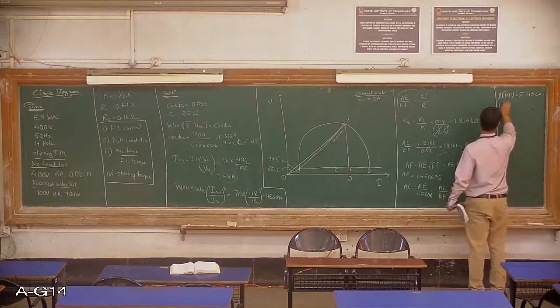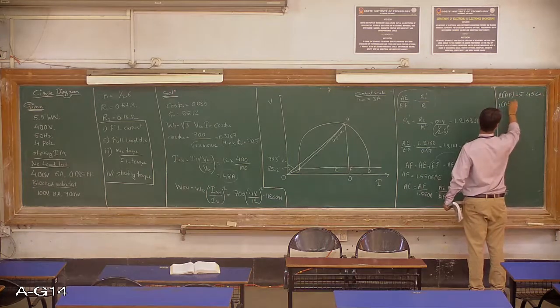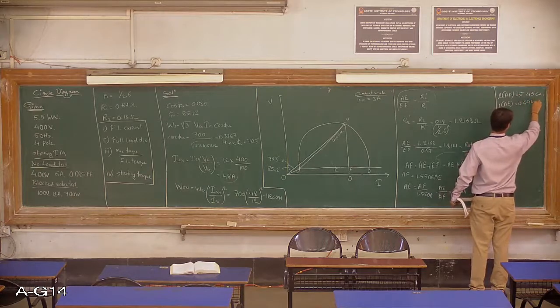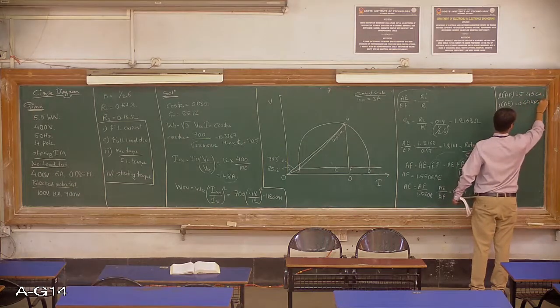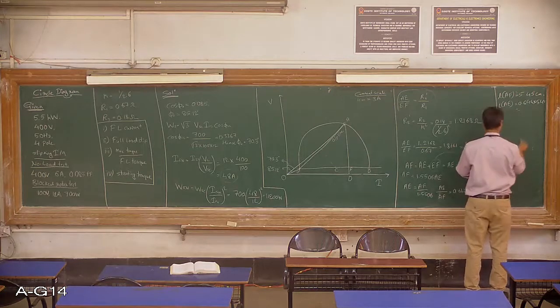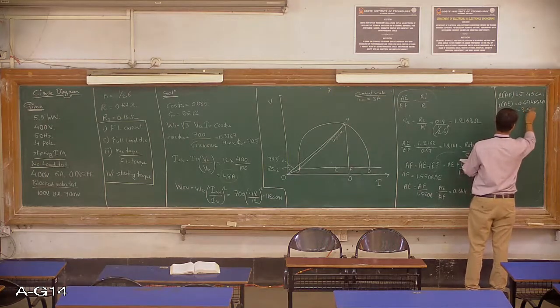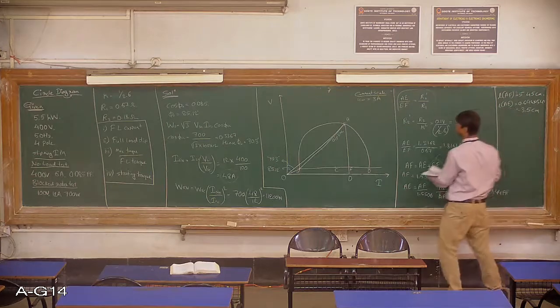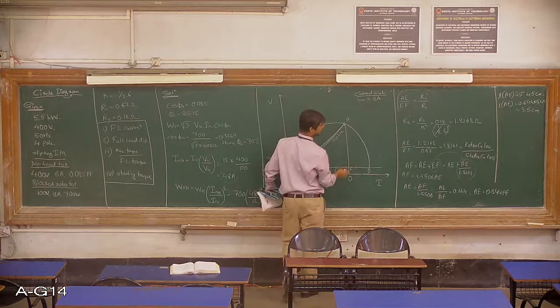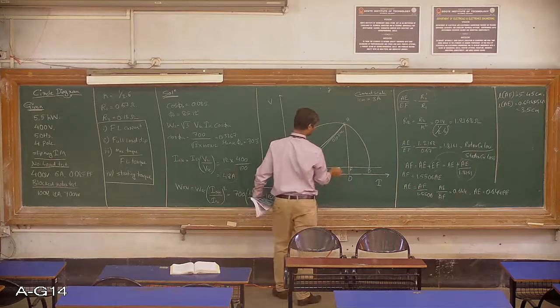So the length of AE is 0.644 times 5.45, that is equal to 3.5 centimeters. The length of AE we have got as 3.5 centimeters.